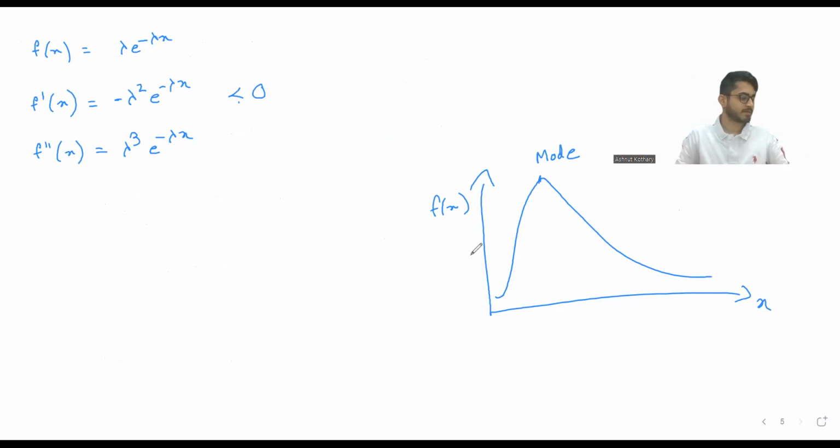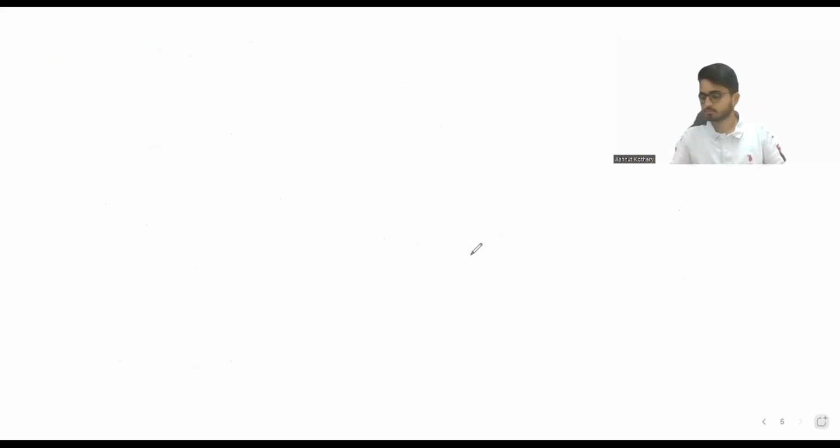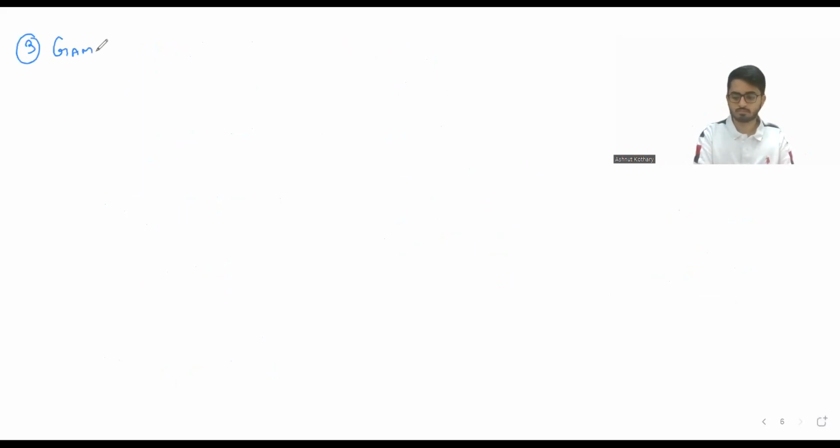Next, give the heading gamma distribution. So how we denote it is x follows gamma alpha comma lambda.